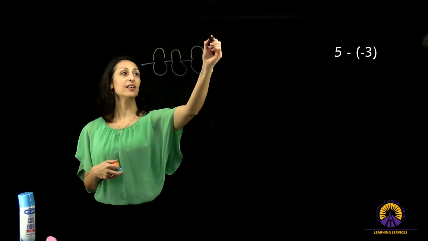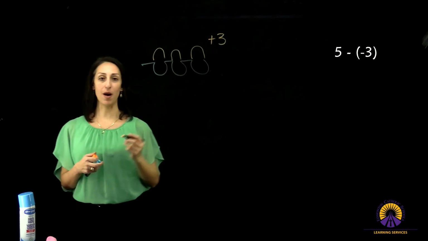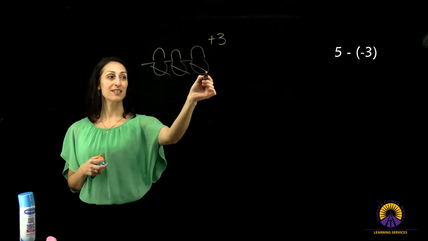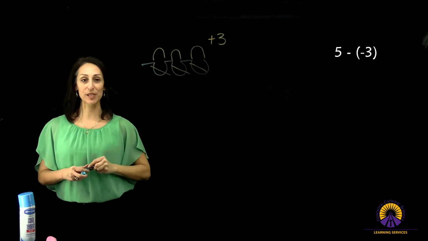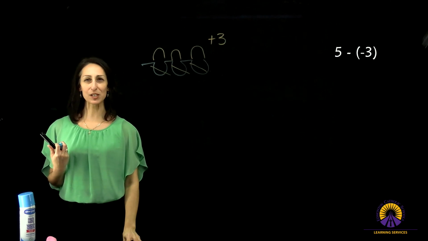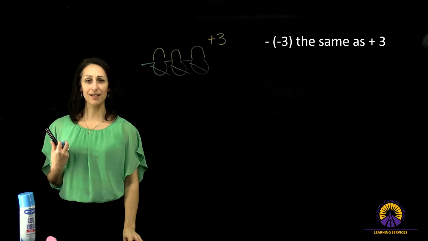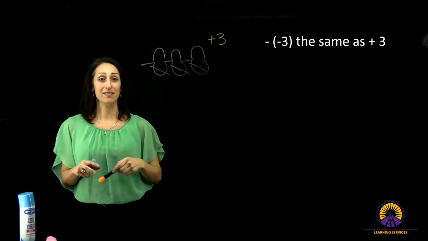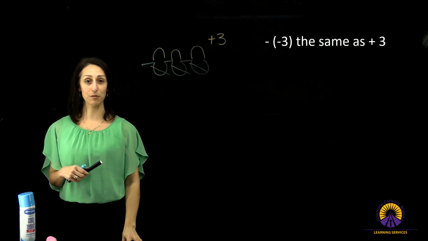So now I've added 3 piles in order to take away those 3 holes. If I use this logic, taking away a negative 3 is the same as adding a positive 3.